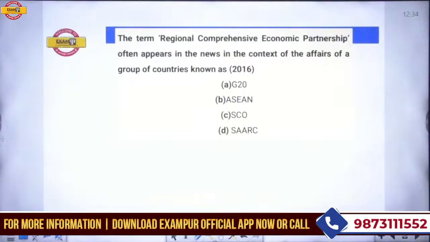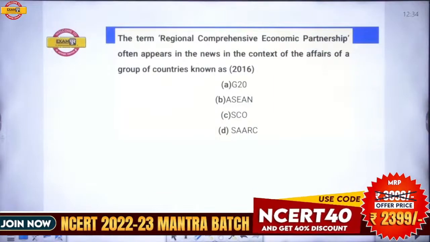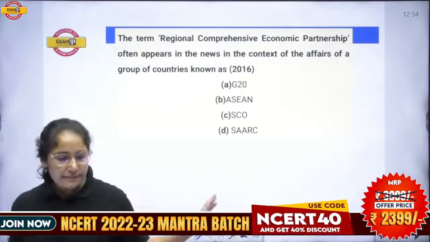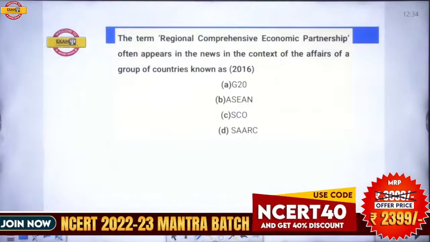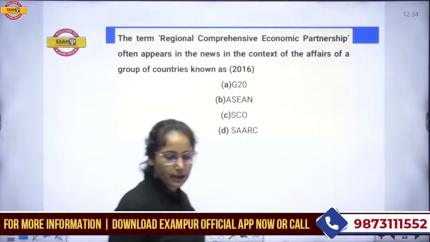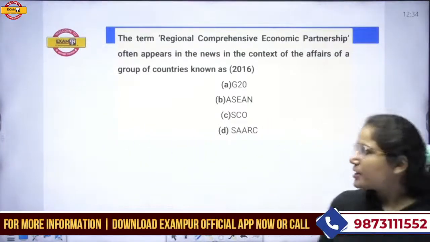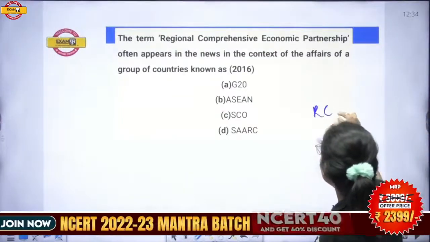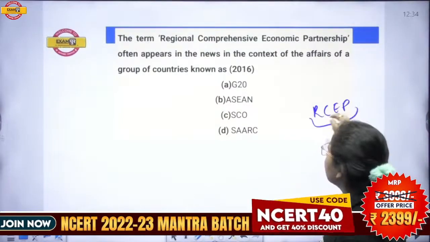Okay, so what kind of questions could be asked out of this segment? Like it has been asked in a previous year question paper, on the Regional Comprehensive Economic Partnership: what kind of questions could be asked? Like, RCEP includes what?